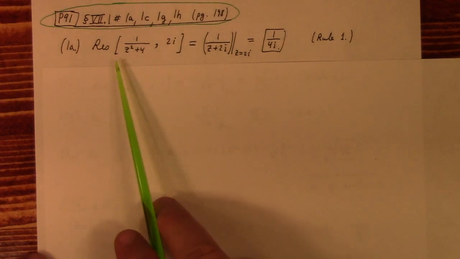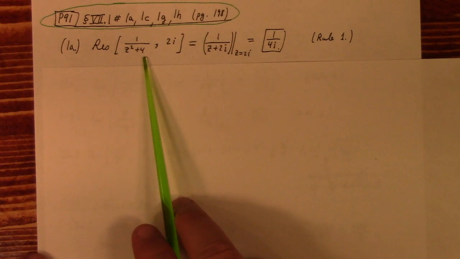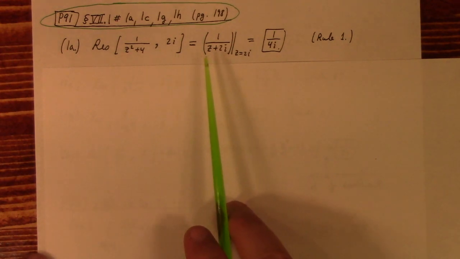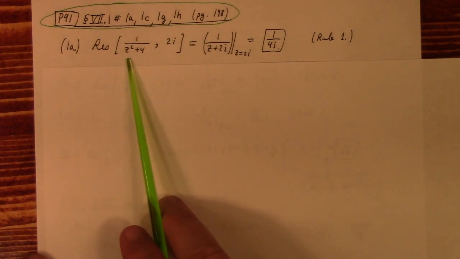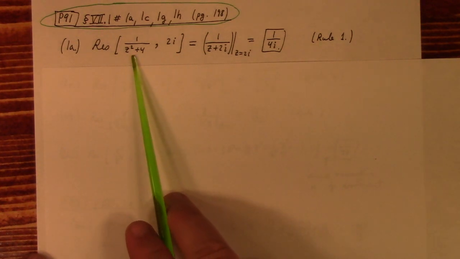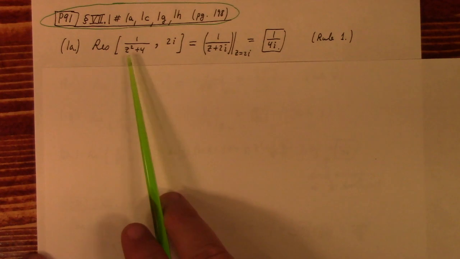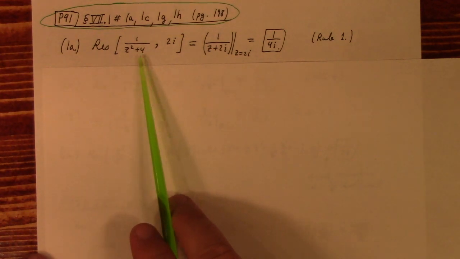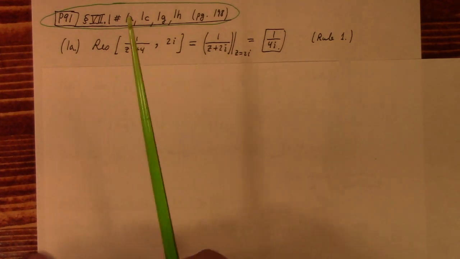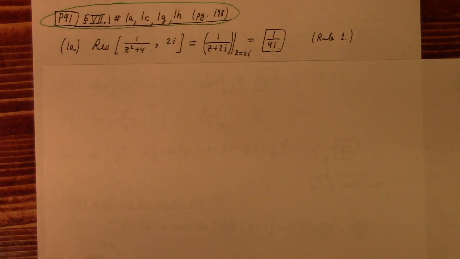Let's see here. So the residue of 1 over z squared plus 4 at 2i. This factors into z plus 2i times z minus 2i. So let me just scribble on here a bit.